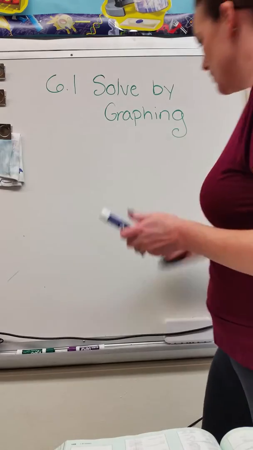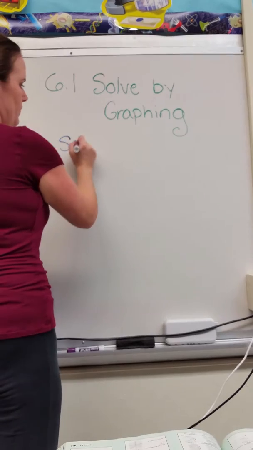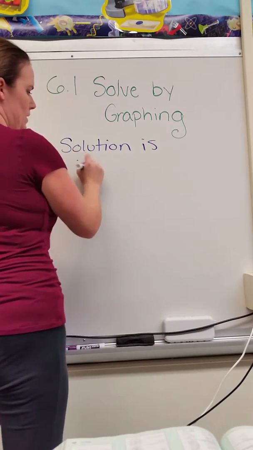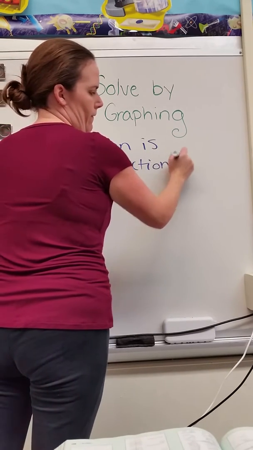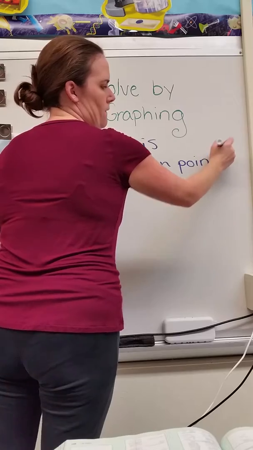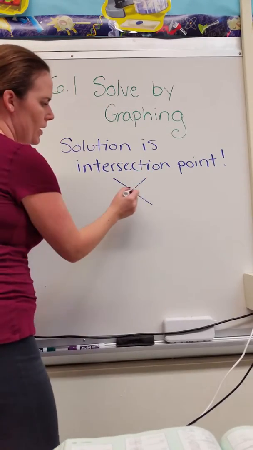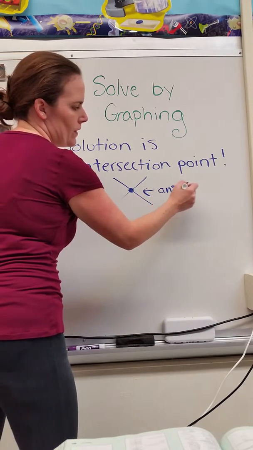So when you solve by graphing, your solution is the intersection point. So when they cross one another, wherever that is happening, that's your answer.